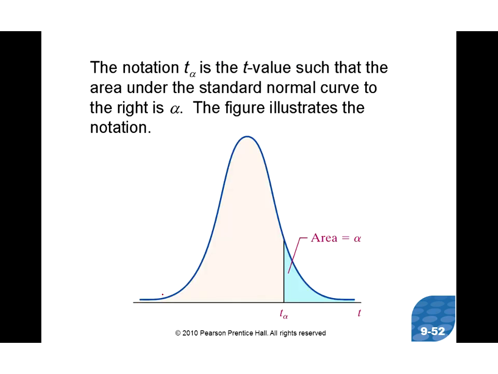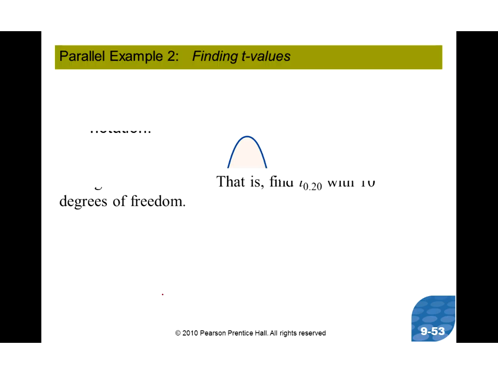How do we determine T values? That T alpha that we're going to be using in confidence intervals is where we find the area under the curve to the right. So we need to use a different calculator or table, but I'm going to show you how to use the calculator.